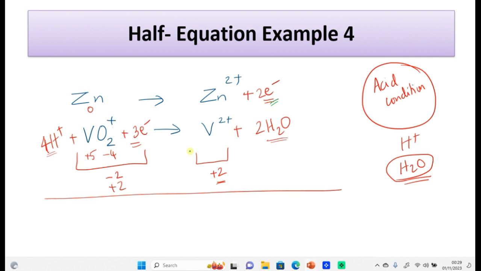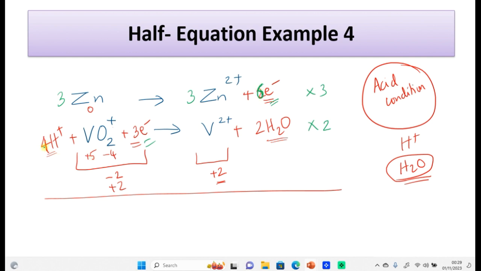We got 2e- here and 3 electrons here, so I'm going to multiply through the whole of that equation by 3 and this by 2 to get the electron numbers the same, right? So this now becomes 3 times 2, 6.